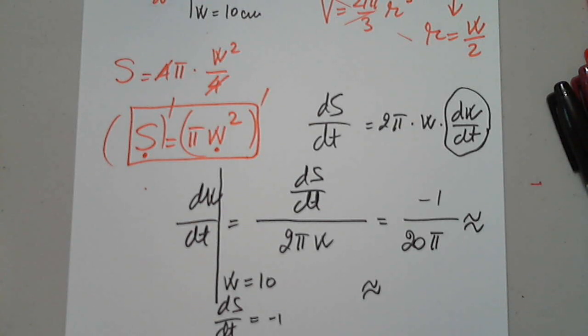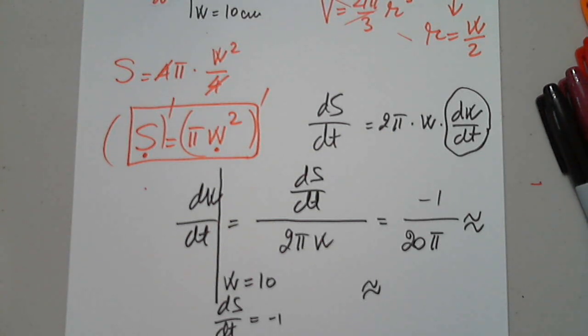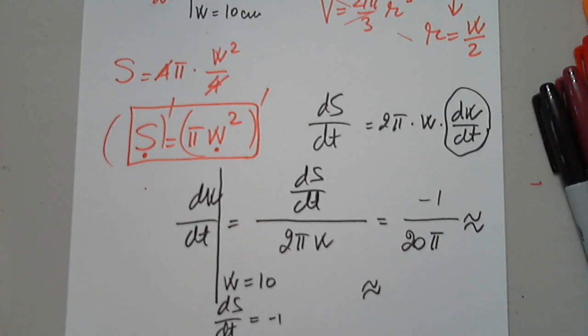And I will get 1 divided by, be very careful, if you omit parentheses, that will be a tragedy. Unless you put divided by 20 and divided by pi. So if you omit parentheses, you have to do it like this, 1 divided by pi, and the answer further divided by 20, and that is correct.